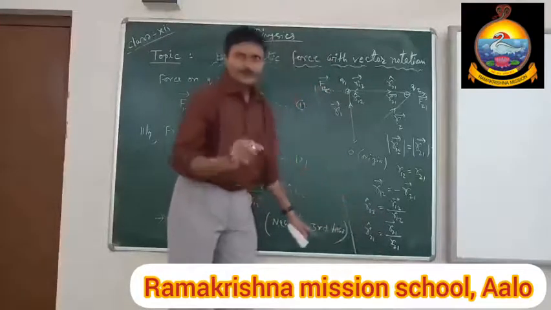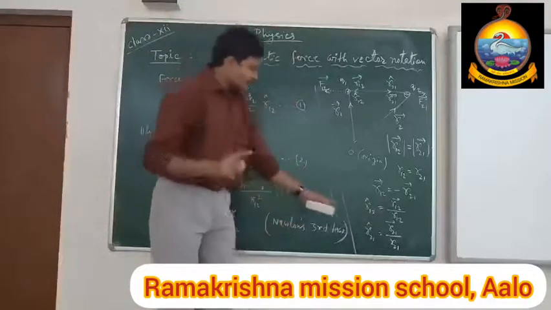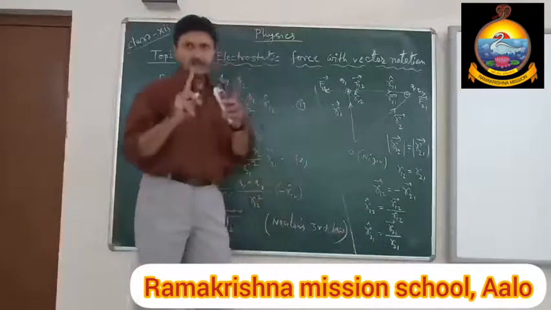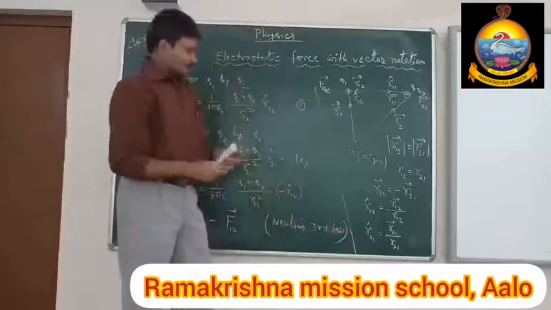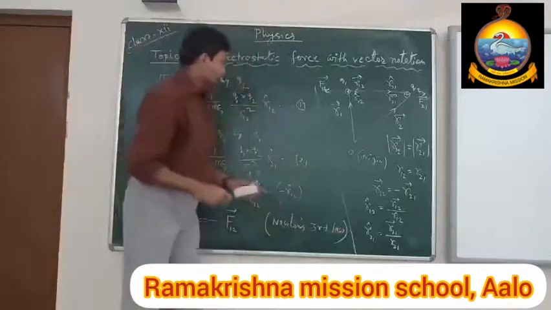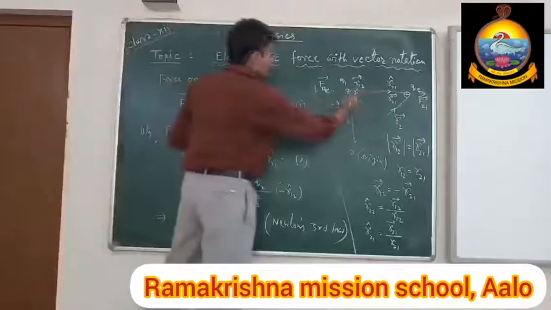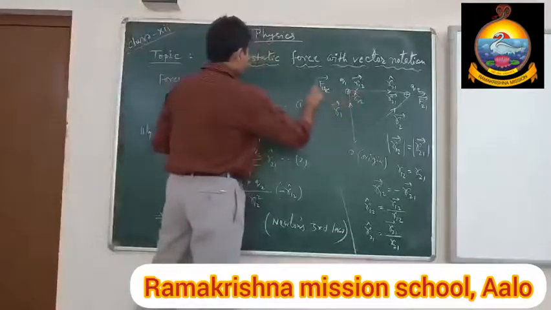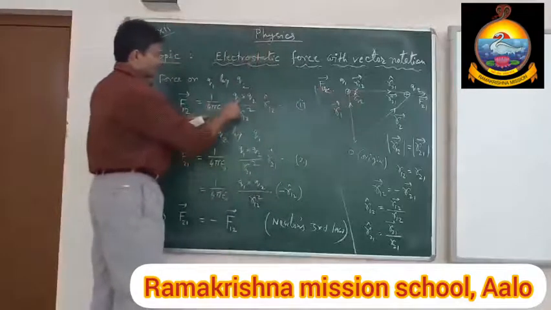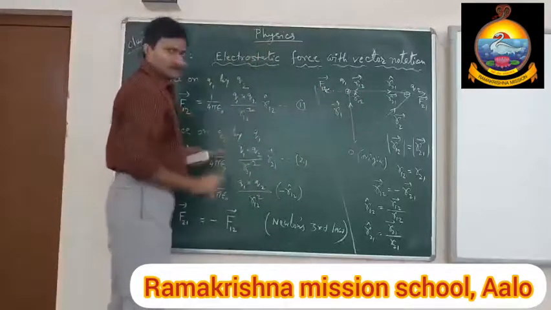This cap represents a unit vector. That means this vector has a value of 1 unit. The magnitude of this vector is 1 unit. So the F12 vector, which shows the direction r12 cap, is equal to 1 by 4 pi epsilon naught, q1 q2 by r12 square, into r12 cap.